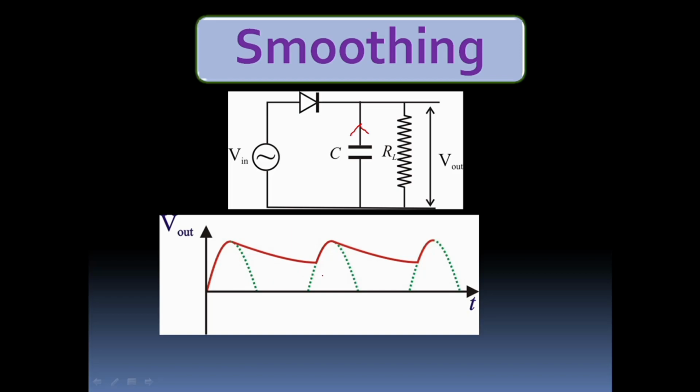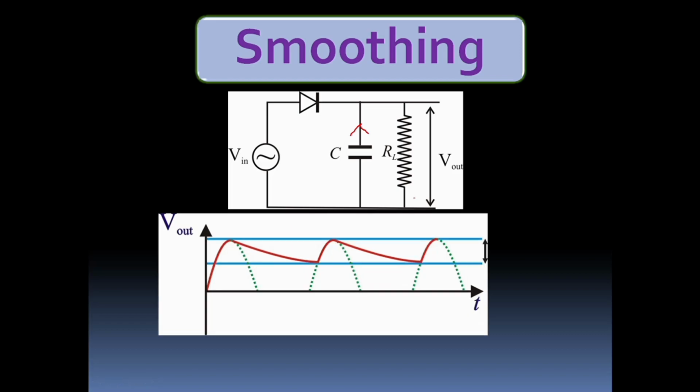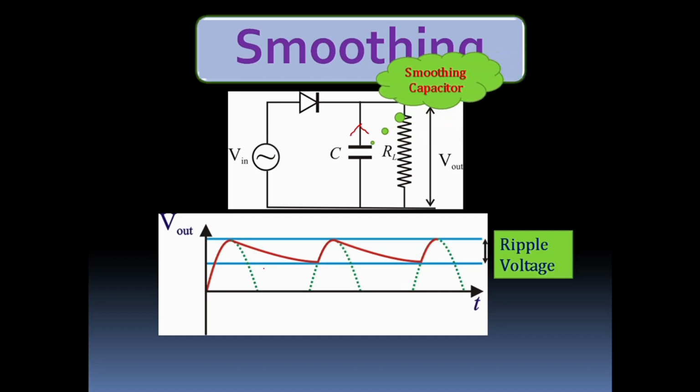Therefore, voltage decrement takes place, but the voltage never becomes zero across RL. This voltage variation is called the ripple voltage. This ripple is also a very small value. Now the voltage variation across RL has been more or less smooth. Therefore, this type of capacitor is called a smoothing capacitor.